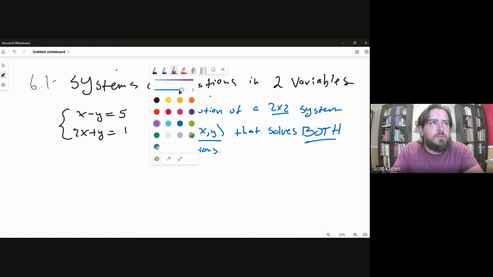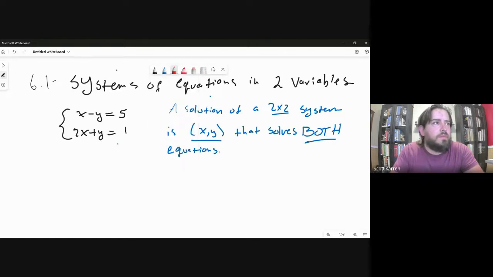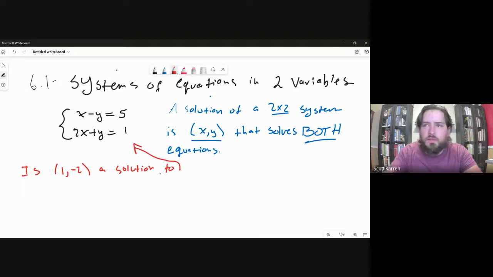So, for example, we might be asked, is (1, -2) a solution to that system of equations? To find out, we would just plug it in. In the first equation, equation 1, plug it in. If it's a solution to it, it may still not be a solution to the system.